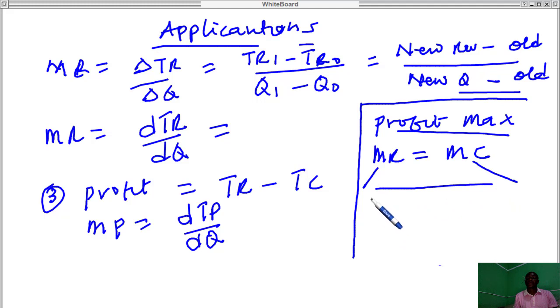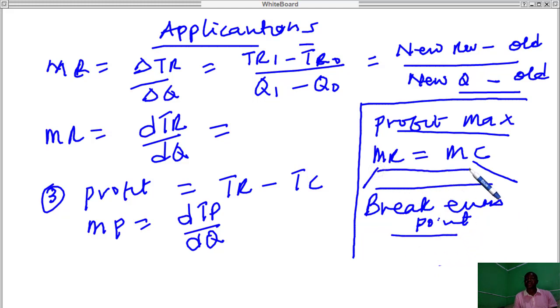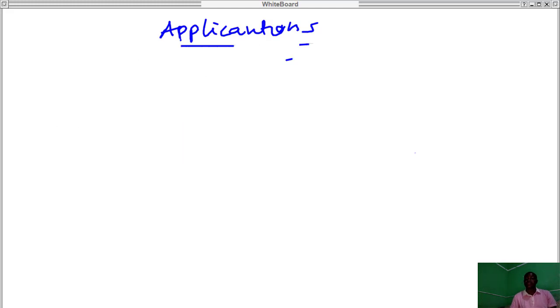It also refers to the break even point. So when you are asked to find the break even point, this is how you must solve it. So let's now go through examples of them. Let's check an example. Example 1.